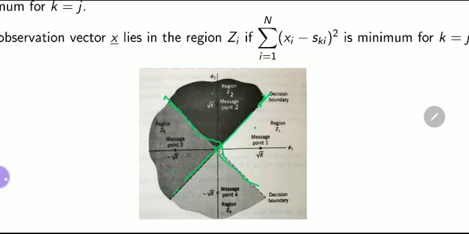For all the points in region 1, message point 1 has the minimum distance, and similarly for 3 and 4.